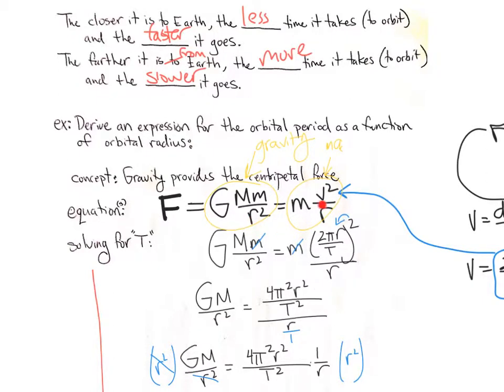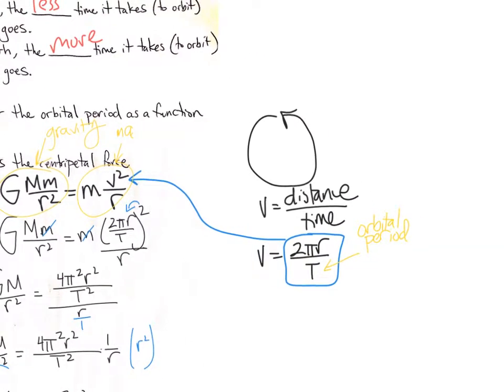So we're basically taking this formula, but we're not interested in the tangential or orbital speed as a function of radius, though you could look at that as radius increases, the velocity decreases. But what we're interested in is as something moves in a circular path, velocity or speed is distance per time, and the distance around a circle is 2 pi r, and the time around a circle we call t, the orbital period.